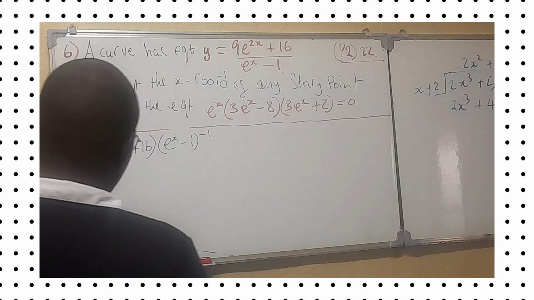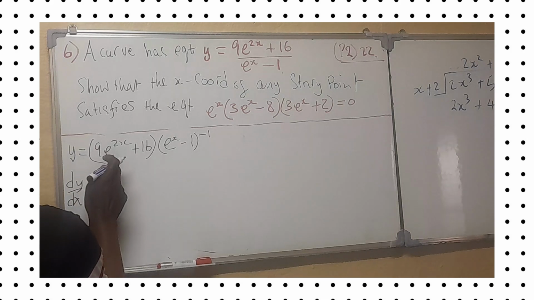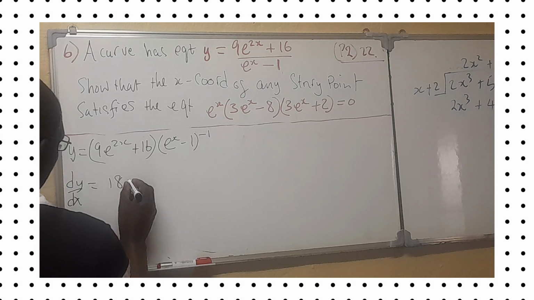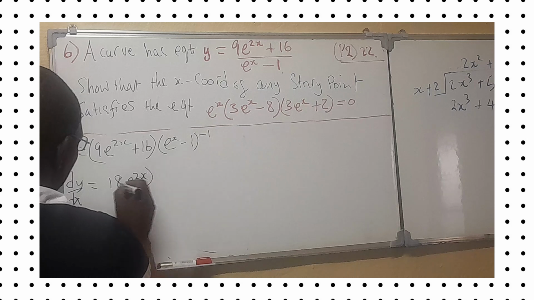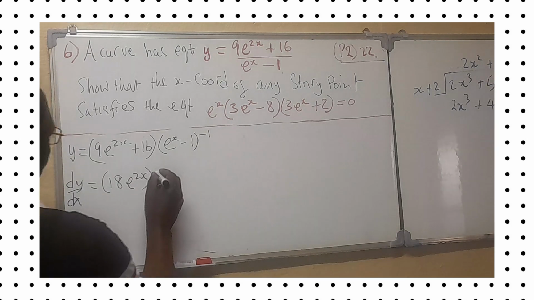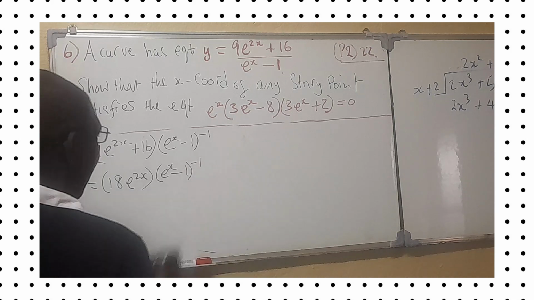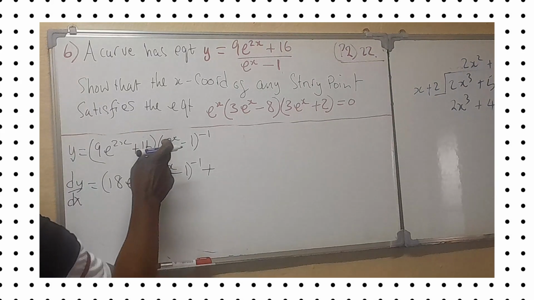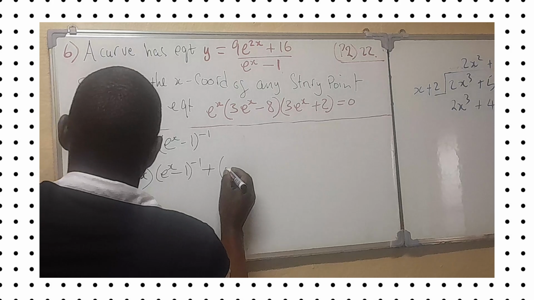So differentiating this, we get dy/dx is equal to, of course, we first of all differentiate this, which is 18e^(2x). Let's put it in brackets. Then we multiply by this one here, (e^x - 1)^(-1). Then we come over here. Now we must differentiate this with respect to x, but our expression there remains as it is.